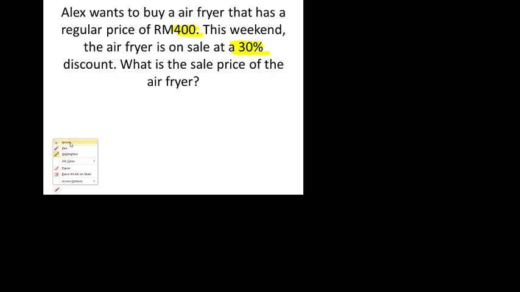There are a few ways to do this. First way is that we have the 400, and then we need to find the 30% of this 400. So we times 30 over 100, or you can use 0.3 if you like. We get 400 times 0.3, I get 120.